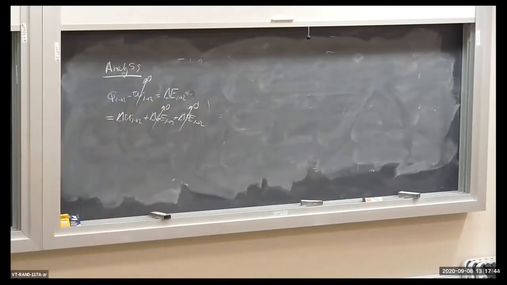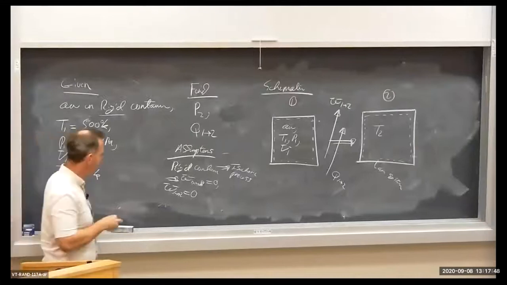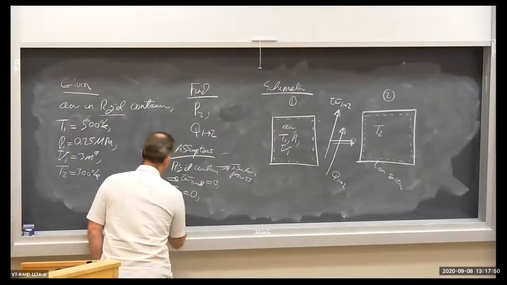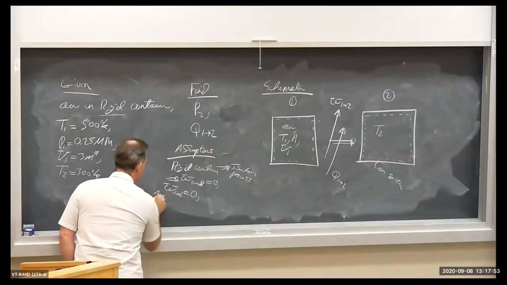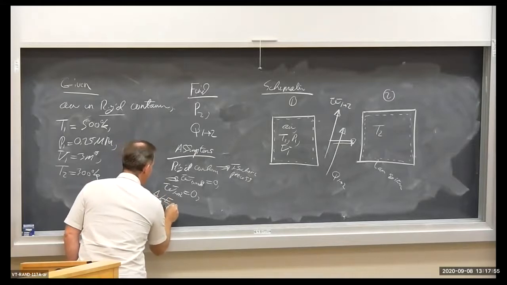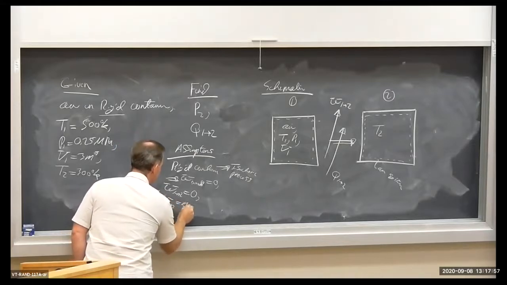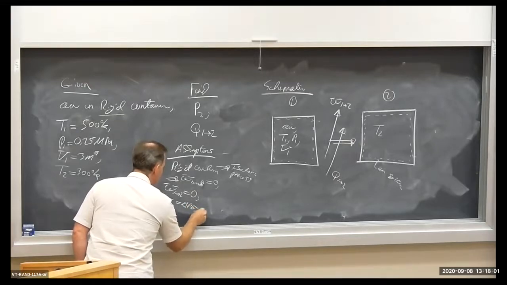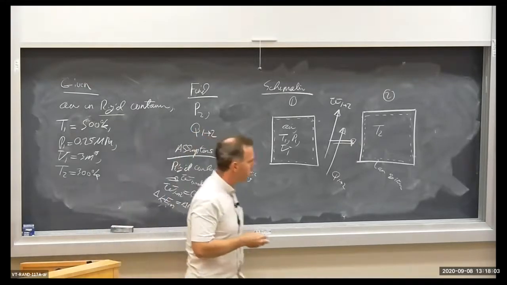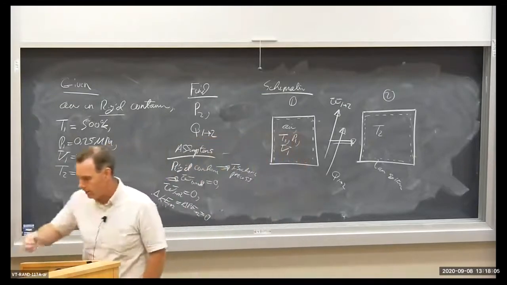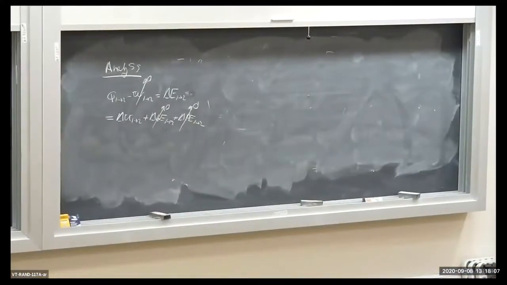So I'm going to write here in my assumptions. This is where the assumption section starts becoming important. I'm going to write delta KE 1 to 2 is equal to delta PE 1 to 2, and I'm going to set those both equal to 0. Starting to run out of room there already. Okay?